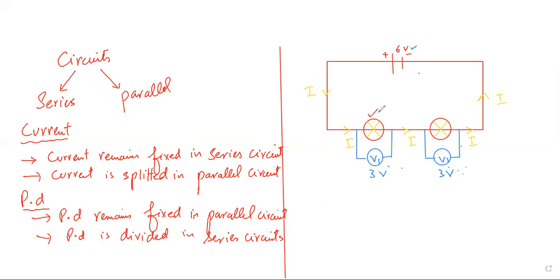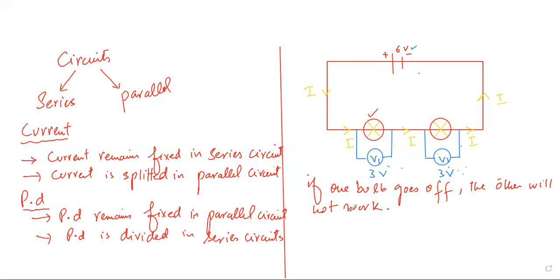If this bulb goes off, the path will be broken and this bulb will not work, right or not? Yes. Okay. So this is a disadvantage that if one bulb goes off or fuses, the other will not work because the path is single. Am I clear?